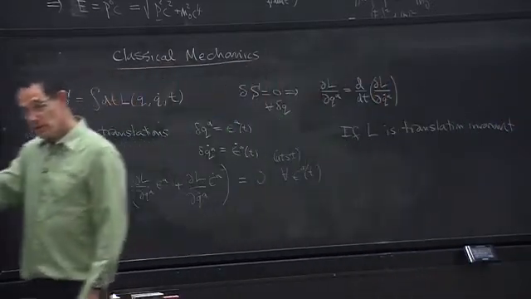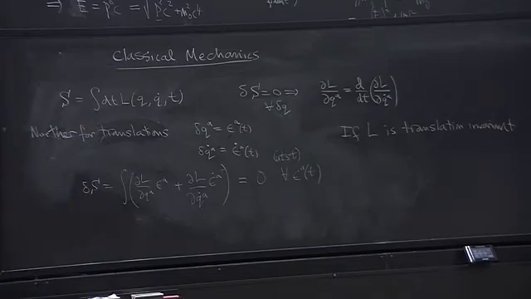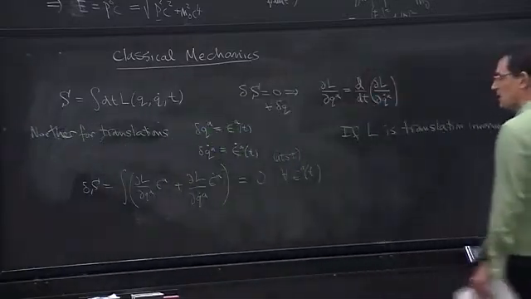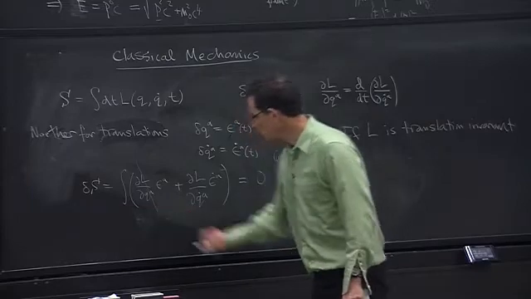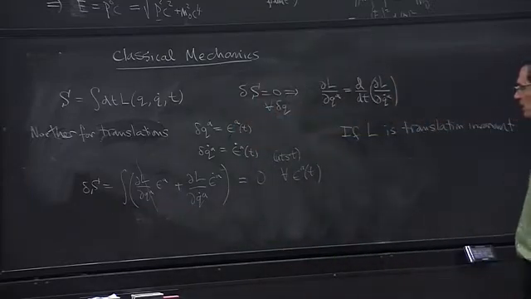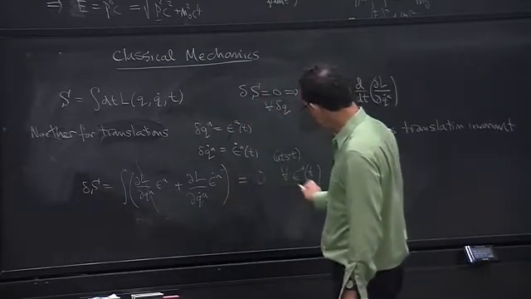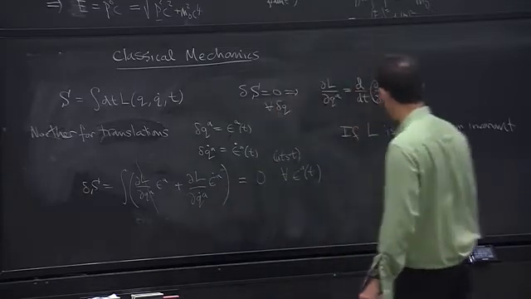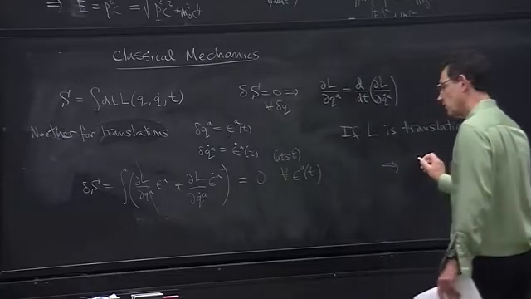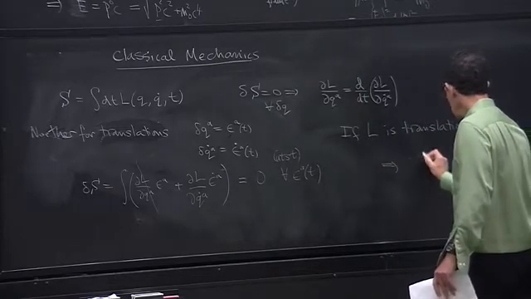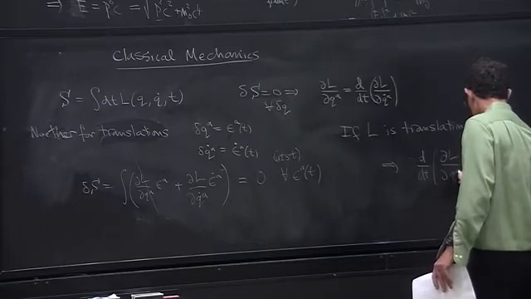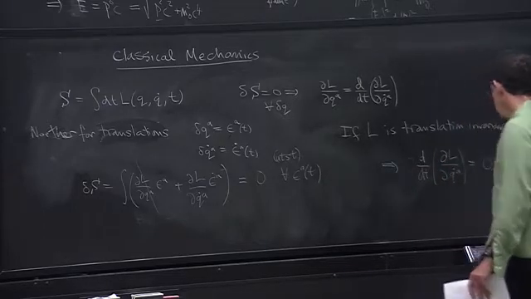So for constant epsilon, the variation of the Lagrangian is just proportional to dL/dq, and this must be 0. So that term should be 0 if the Lagrangian is translation invariant. And so now I will require this to be 0 for all epsilon_a being a function of t. So I just integrate by parts, and then it follows that d by dt of dL/dq_a dot equals 0.